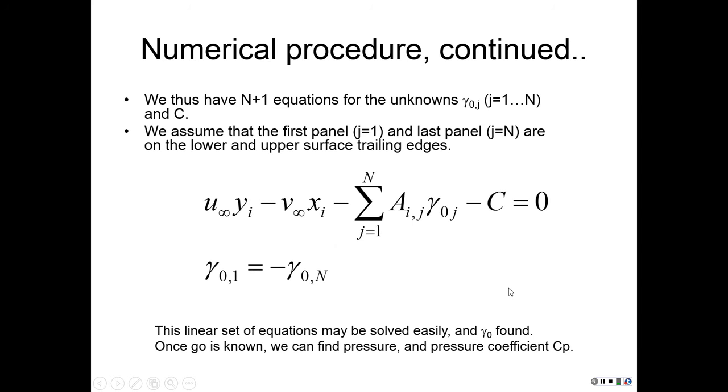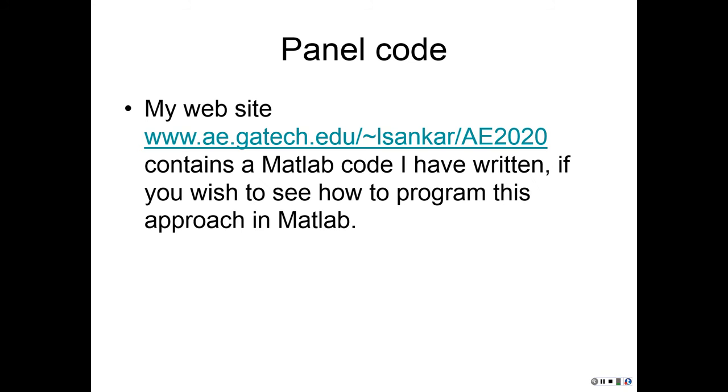So what do we do? We add the Kutta condition. So now we have n plus 1 equations, n plus 1 unknowns. So this system can be very easily inverted. One could solve for the gamma, then gamma naught is found. So once gamma naught is known, we can find the pressure. Then from the pressure, we can find the pressure coefficient. We can integrate it to get the lift coefficient.